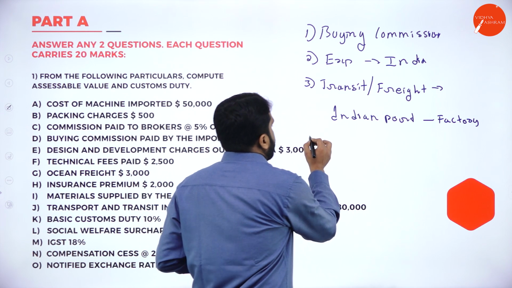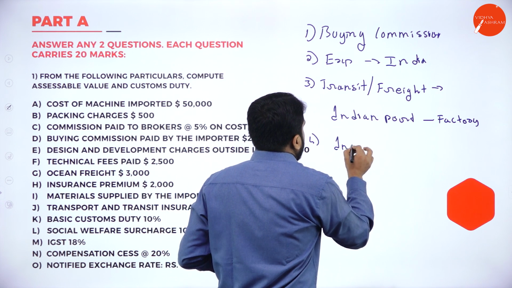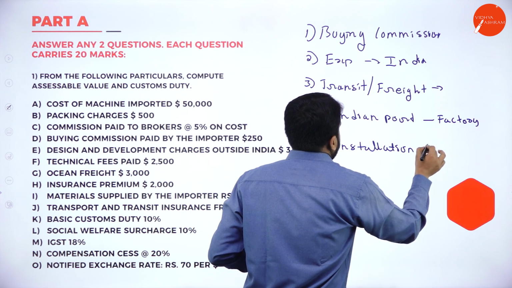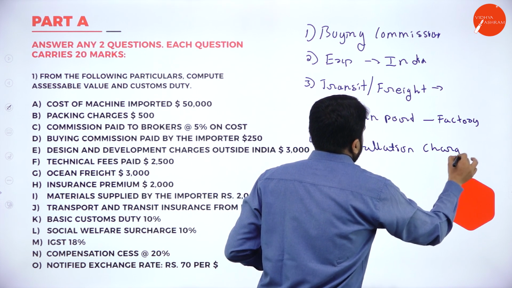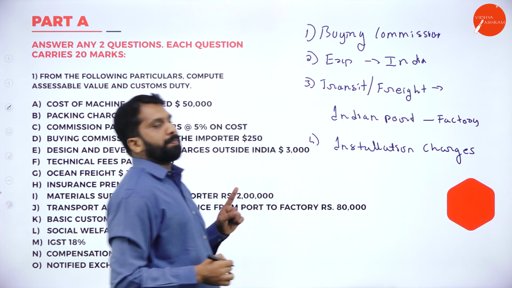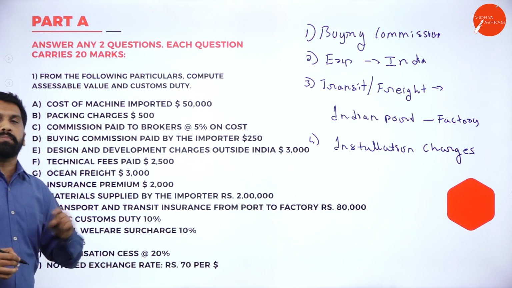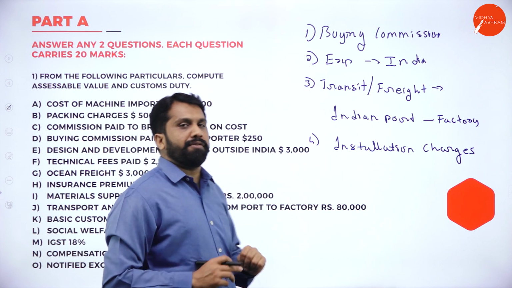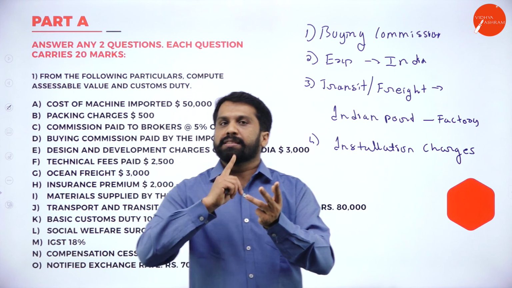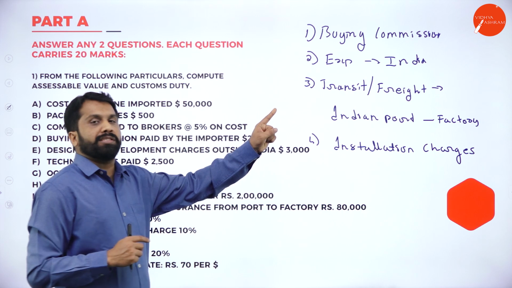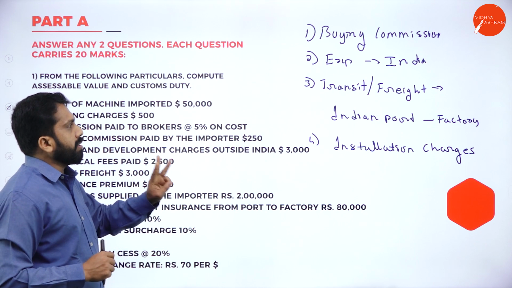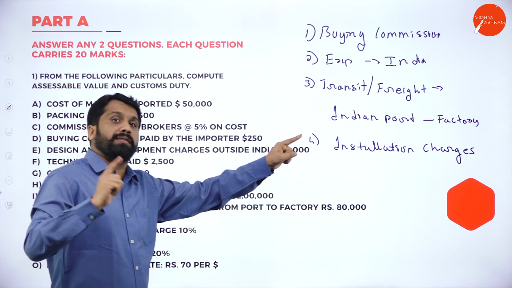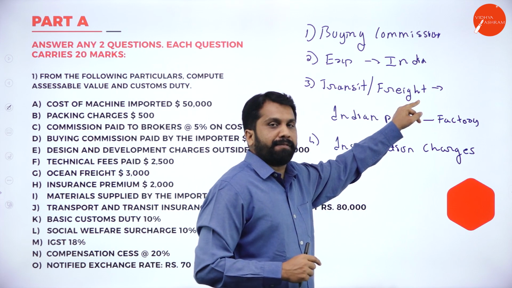Now, the fourth one, any installation charges are not part of your custom duty. Clear? These four things you have to remember. What is the first thing? Buying commission. Second one, any expenses made in India. Third one, transit or freight expenses, not normal transit and freight.